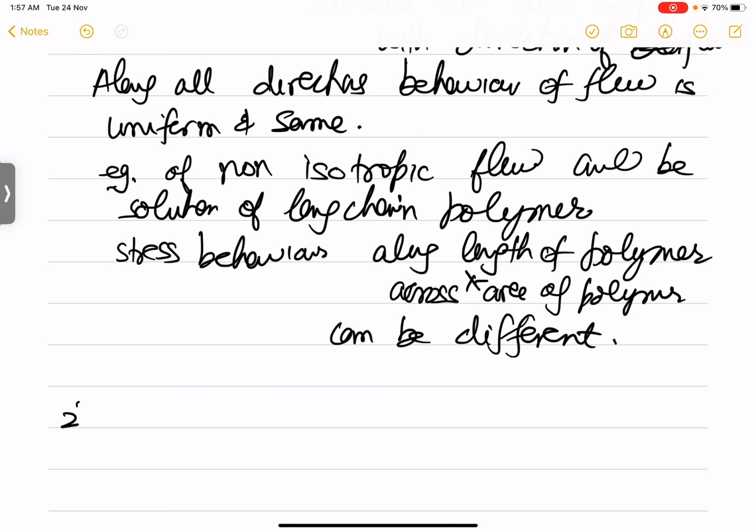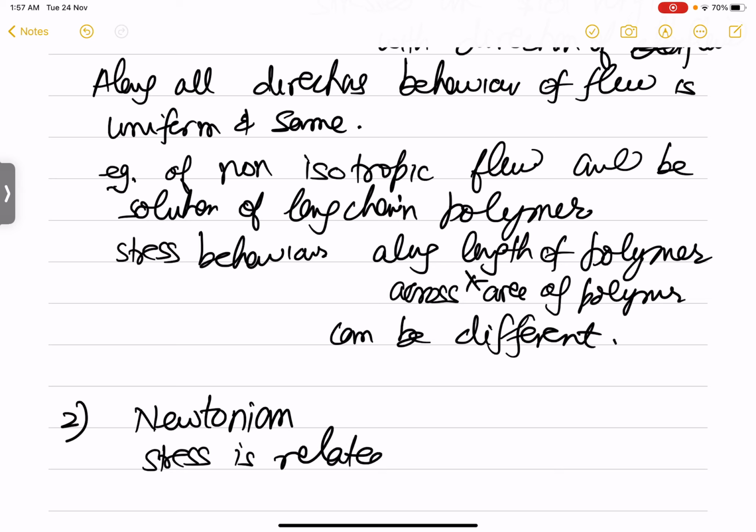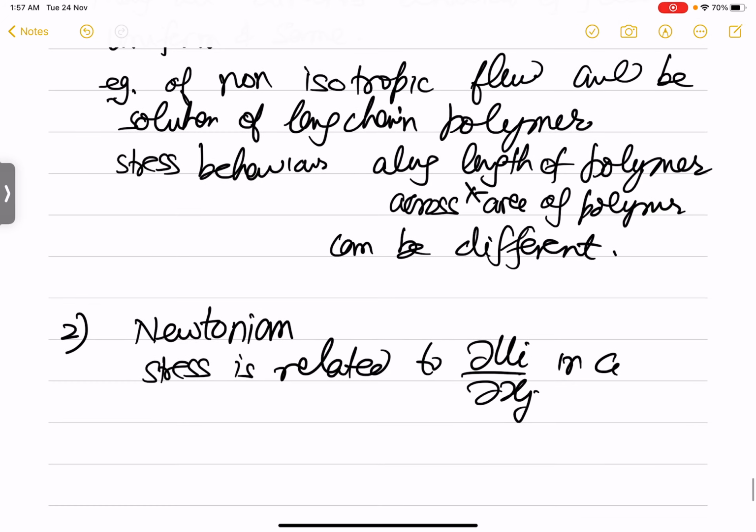The second thing we will assume is that the fluid is Newtonian. And now we will use Newtonian in a general sense, that stress is related to the velocity gradient in a linear way.